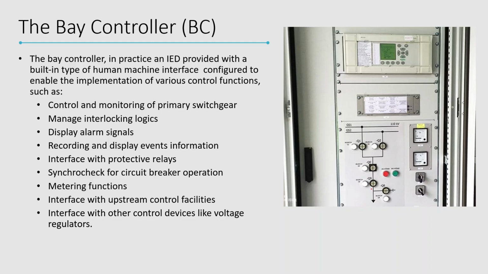And if you look at the bay control units, one of the main pieces of equipment that you have is the bay controller. One of the main panels that you see here is the bay controller.